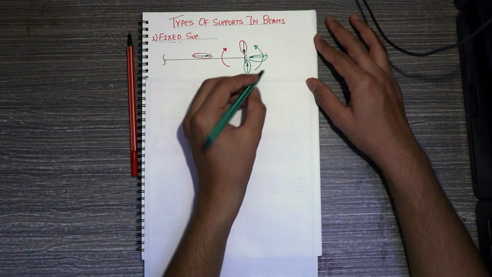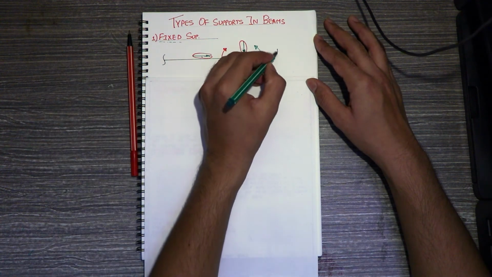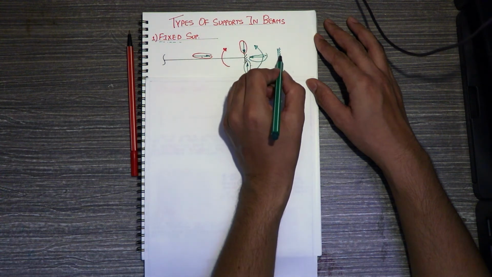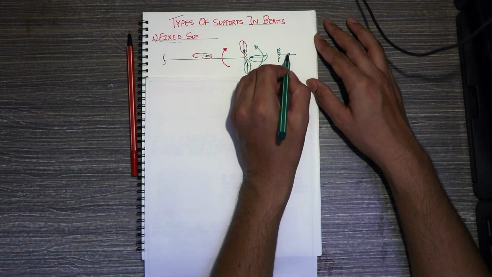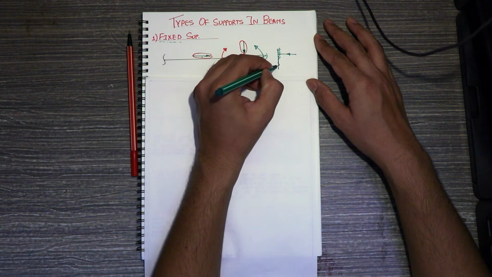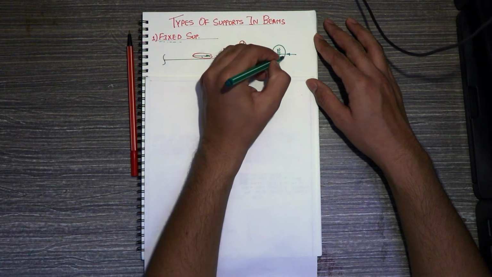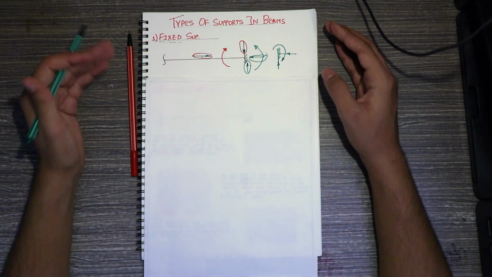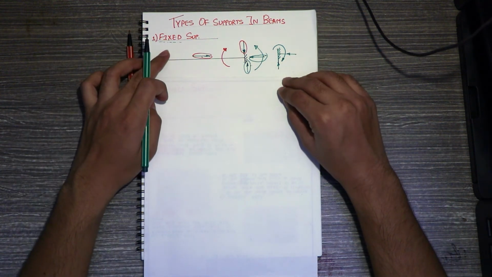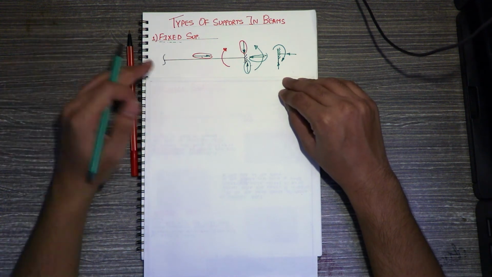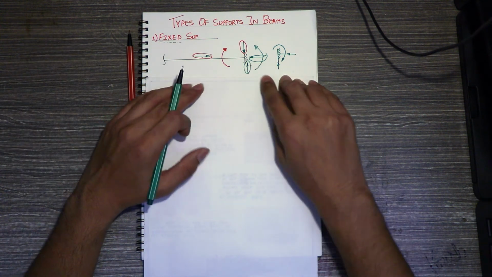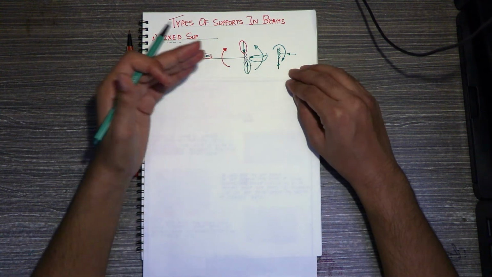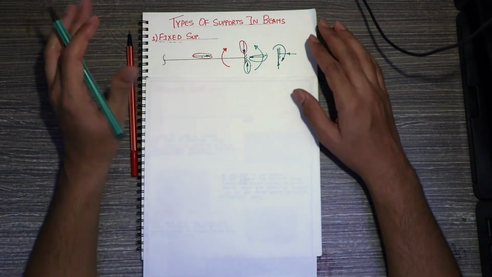So in a nutshell, wherever you see a fixed support, three reactions you can expect: one in the horizontal direction, one in the vertical direction, and one in the form of a moment. So basically, if I want to state the fixed support, then the statement will go something like this: it is a support which won't allow translation nor rotation about any axis.